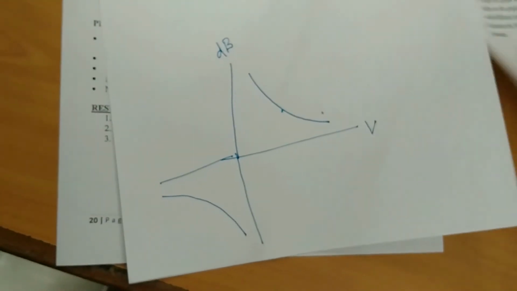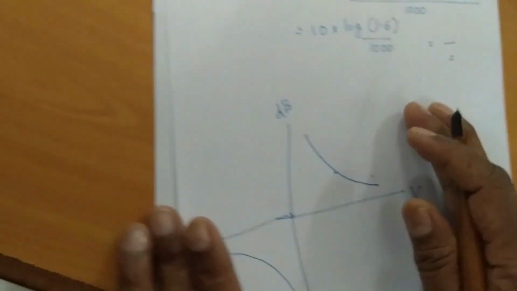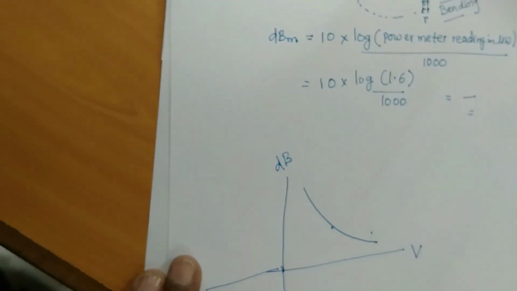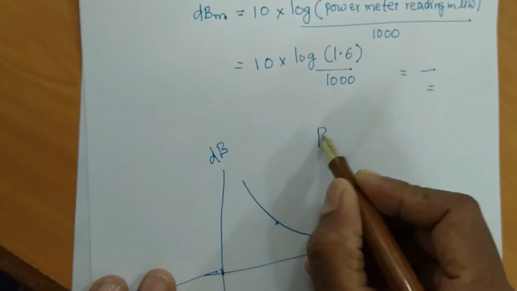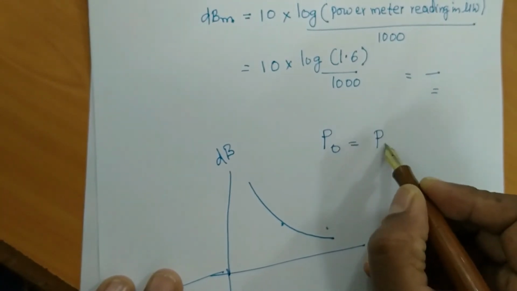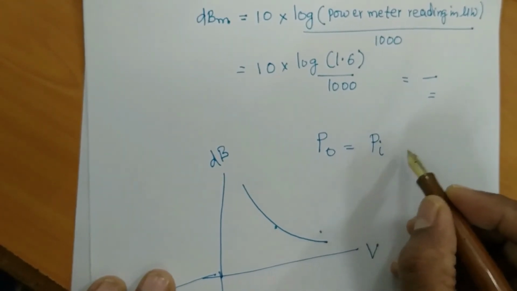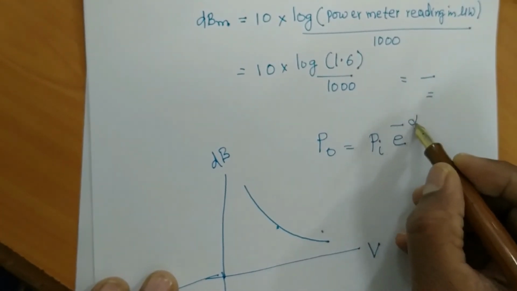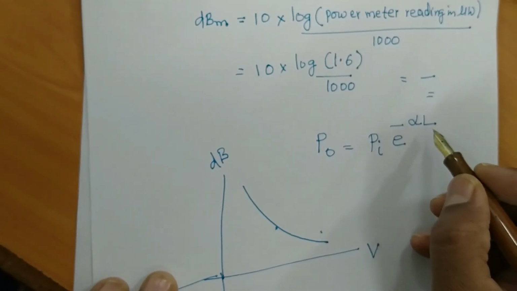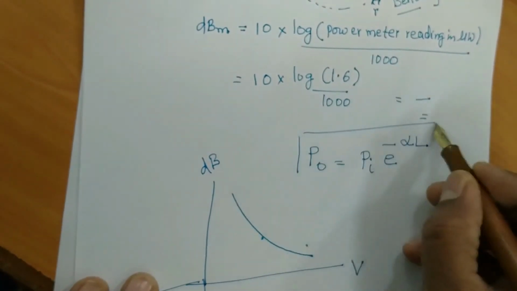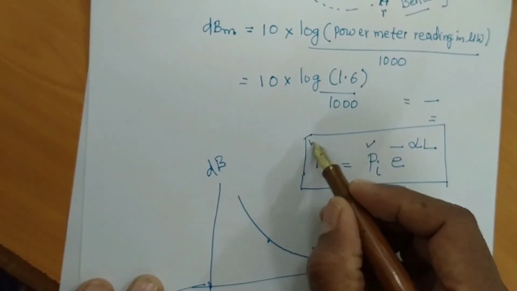When a signal passes through an optical fiber, we can write the output power P0 in terms of the input power: output is always a fraction of input, given by P0 equals P input times e to the power minus alpha L, where alpha is the attenuation coefficient and L is the length of the fiber. Therefore, we have an exponential relation between input power and output power.